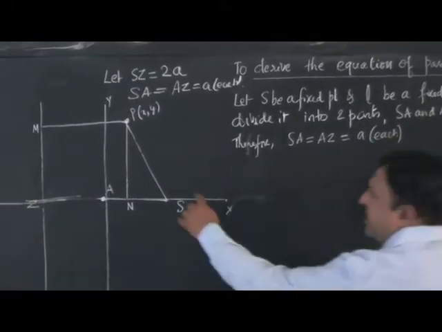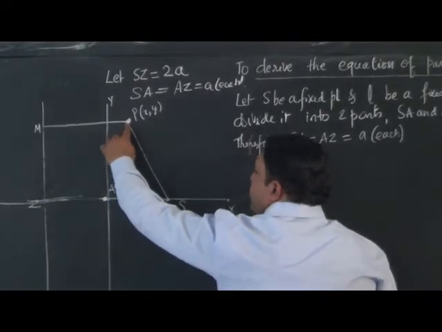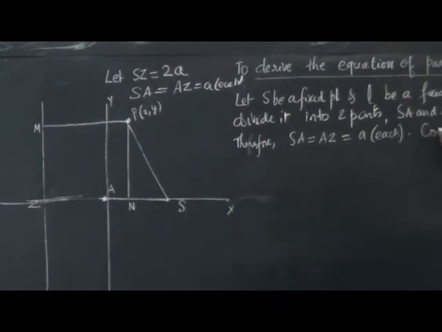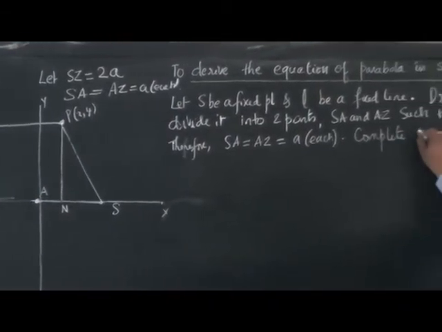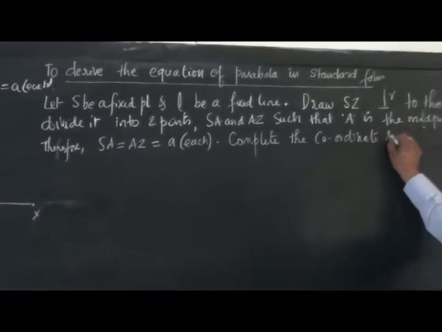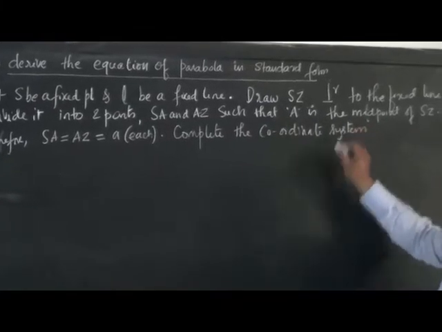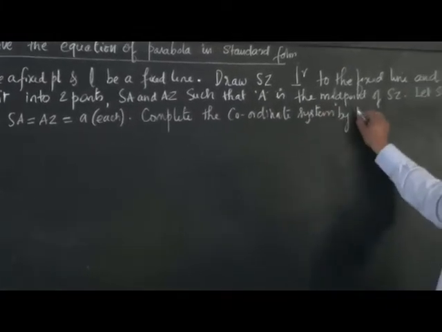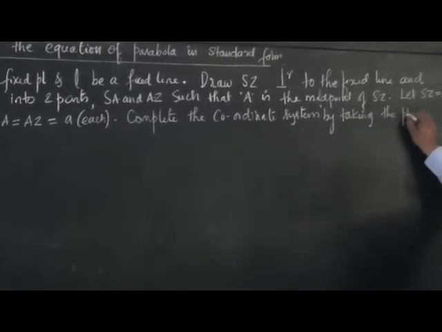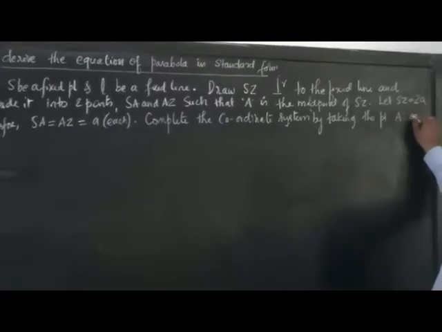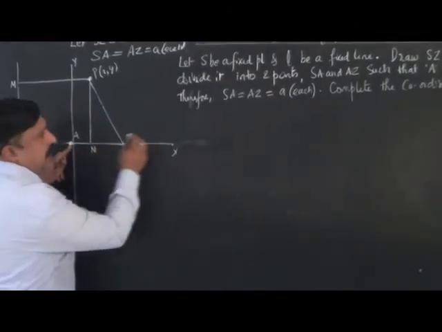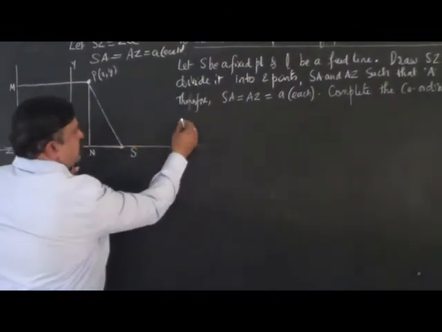And after that, we consider the moving point P. And before that, we also completed the coordinate system. Let me write that first. Complete the coordinate system by taking the point A as the origin.